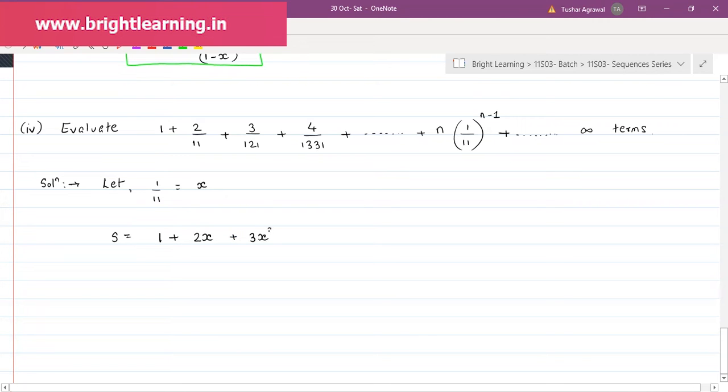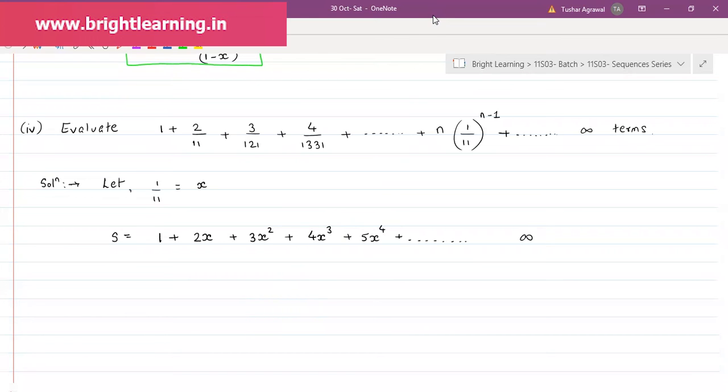So is it 3x square? The next term, is it 4x cube? The next term, is it 5x to the power 4? And so on up to infinite terms. Correct? This is only what he's asking me. Reply yes or no. Yes, sir. Yes, Afrin.